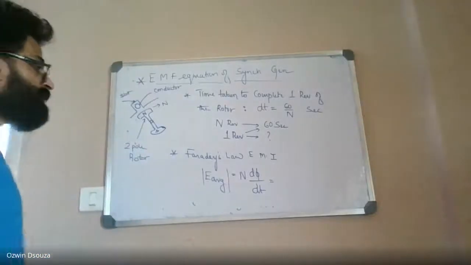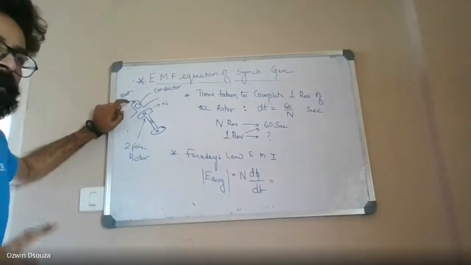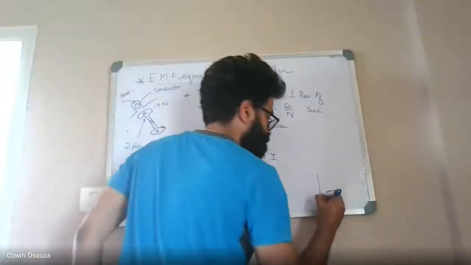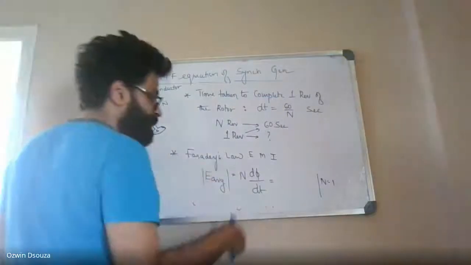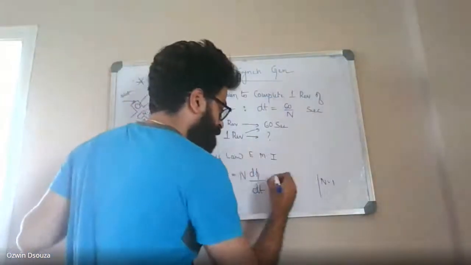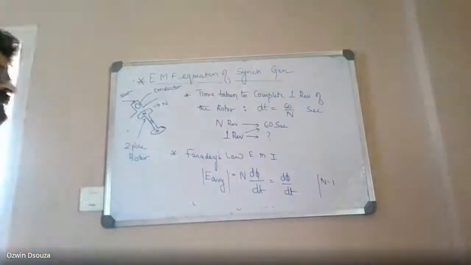How many conductors did we consider? We considered a single conductor, so n is equal to 1. So E average is equal to d phi by dt, or it is simply the rate of change of flux.